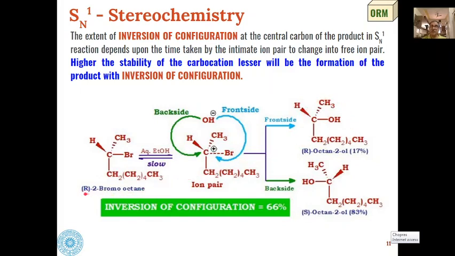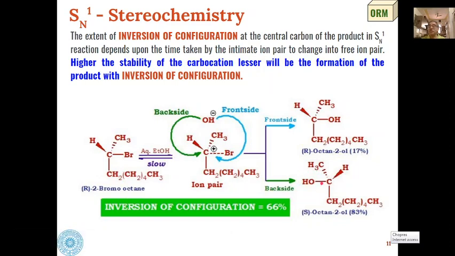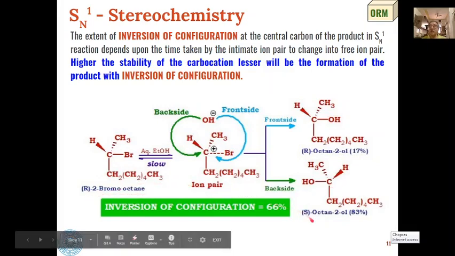So we have started with R, this product will also be R enantiomer. That is from front side attack, and from back side attack there will be inversion of configuration because the nucleophile has attached to the opposite side to which the leaving group was attached. So reactant was R, the product will be S.